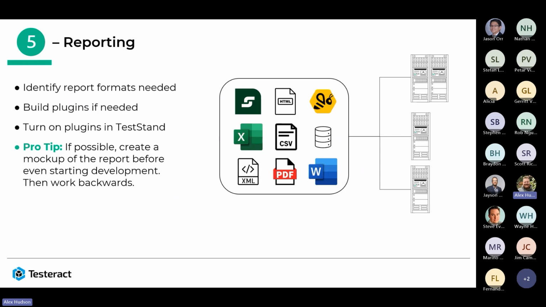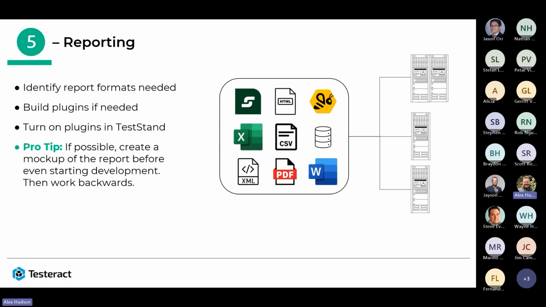Here's a really good pro tip that I've learned while working here: if possible, create a report from the beginning. Lots of times you finish the entire test sequence, you have a report built, and then they go, that's not what I wanted.